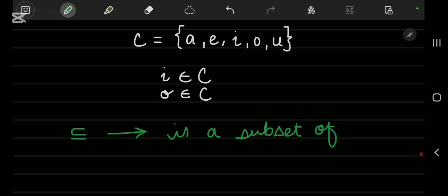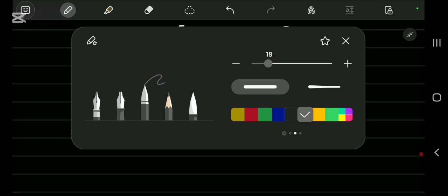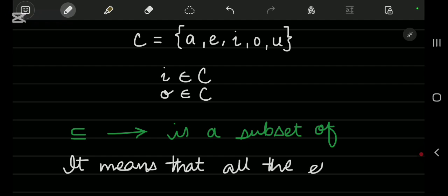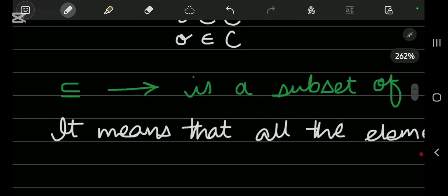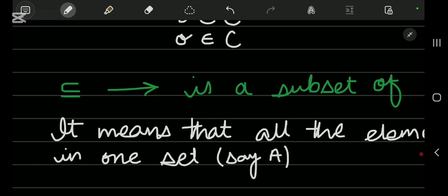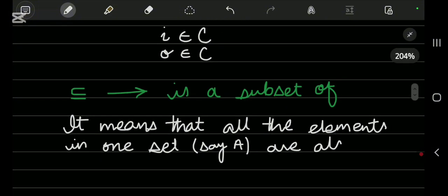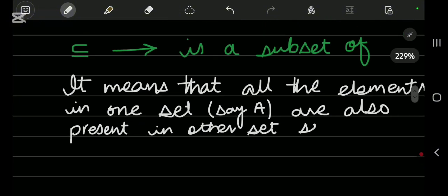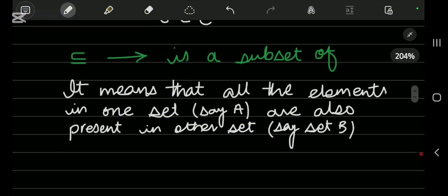A subset means that all the elements in one set, say A, are also present in the other set, say set B. So how will we represent it?